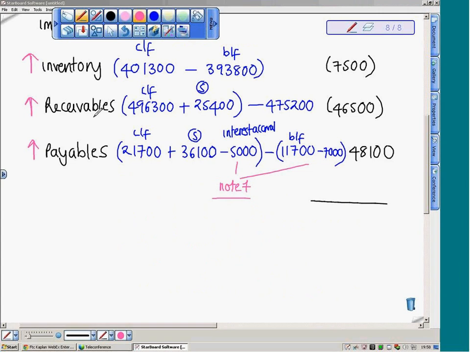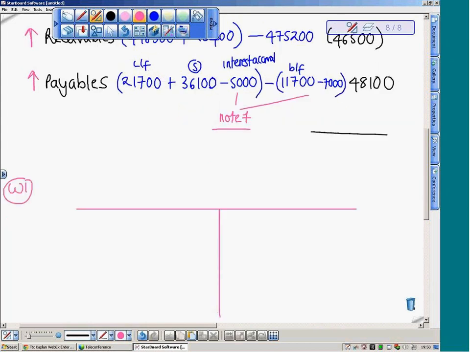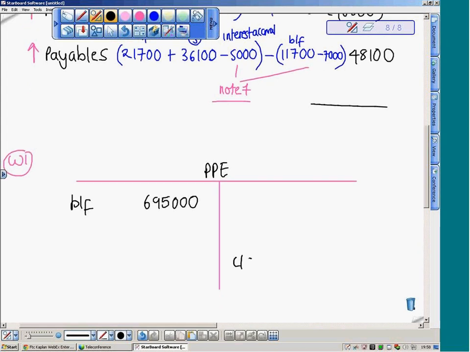What I am going to do is move on to a working one for my PPE. I'm starting off with the first line item in my SFP. Okay, so if I draw out my T account for my PPE, I will plug in my brought forward number, the 695. I will plug in my carry forward number, the 723.